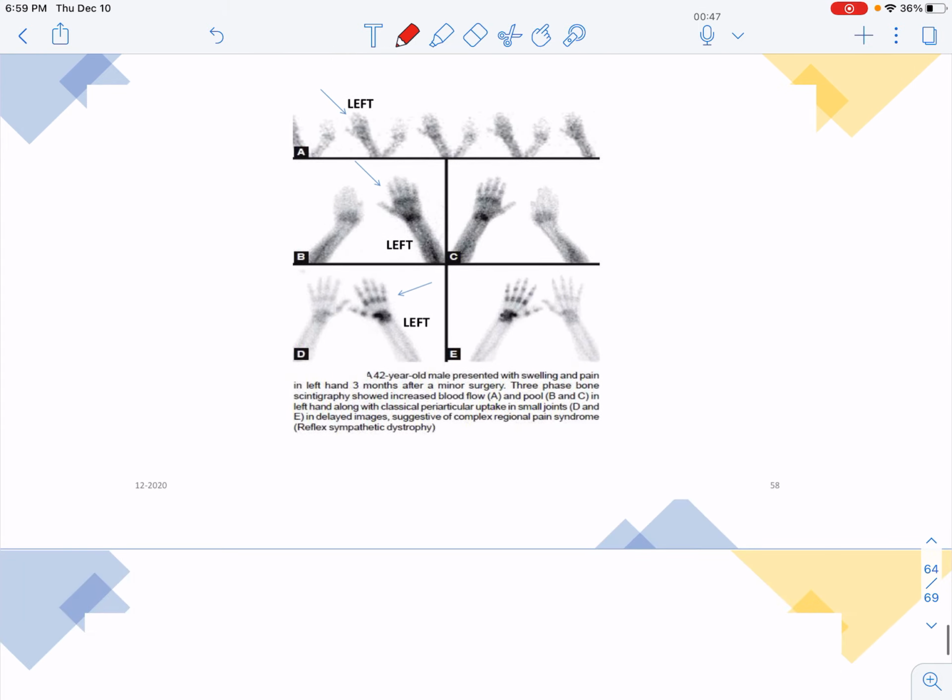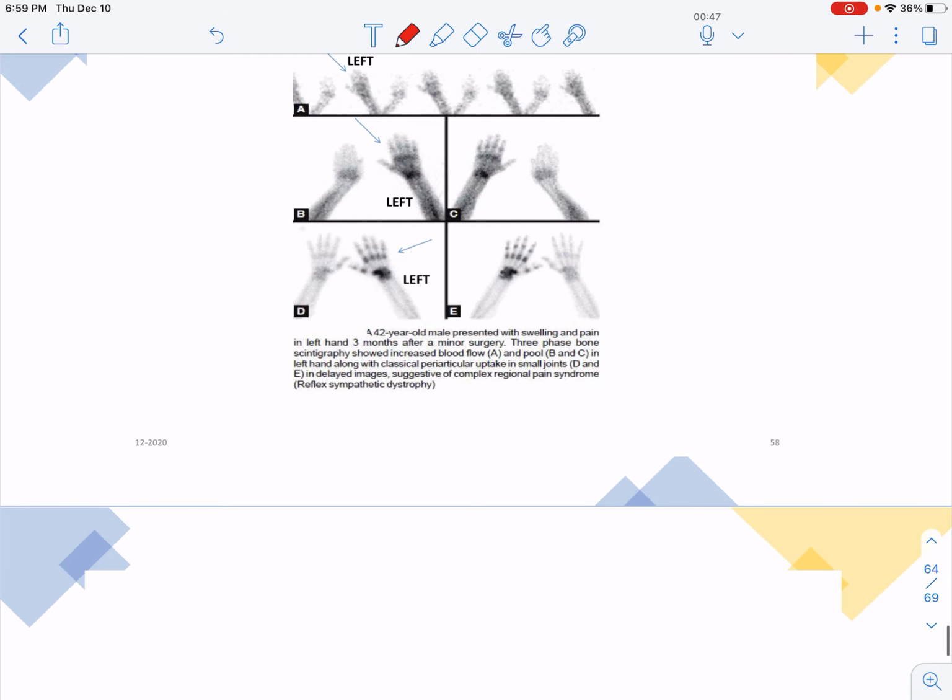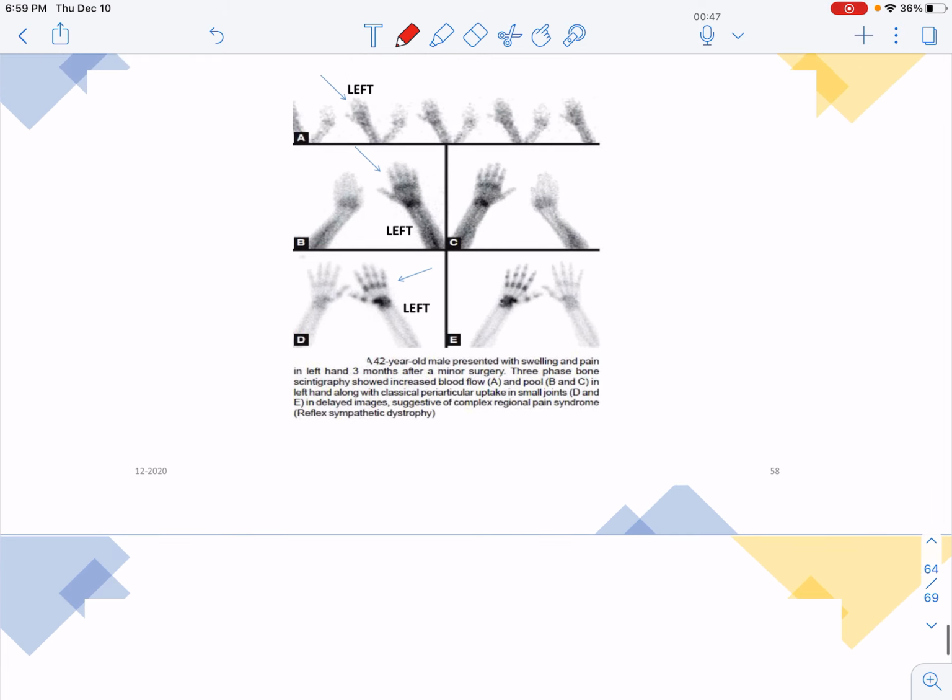And this picture is showing the 3 phases. So this is the blood flow and this is the blood pool, and here the delay. If you can see, there is soft tissue clearance, so we can see the bone here because the soft tissue got cleared.